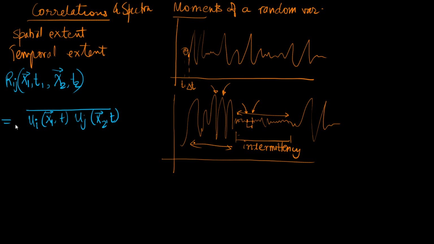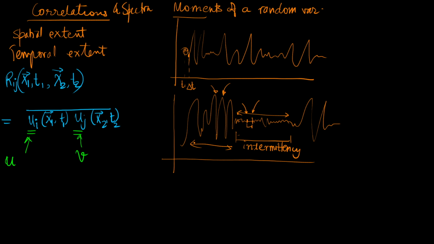So this is defined as the correlation. So ui and uj can be anything, but in the case of turbulence, this can be one velocity component. It can be maybe the u component, and this can be maybe the v component of velocity. And x1 and x2 are different, and t1 and t2 are also different.